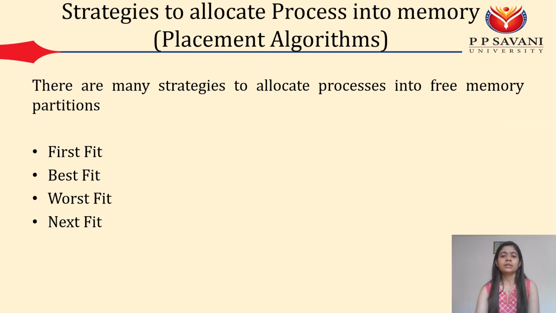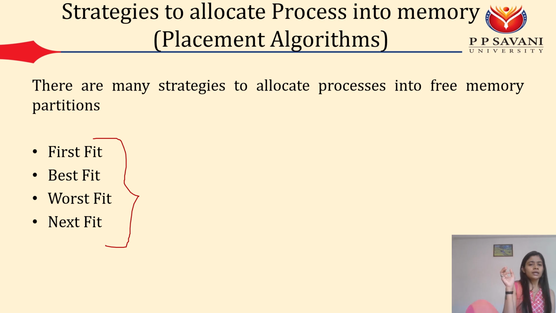After that, we are going to discuss different allocation algorithms, that is, how we are going to allocate processes into the main memory in contiguous allocation. There are many strategies to allocate a process into the free partitions, and those techniques are these four: first fit, best fit, worst fit, and next fit.